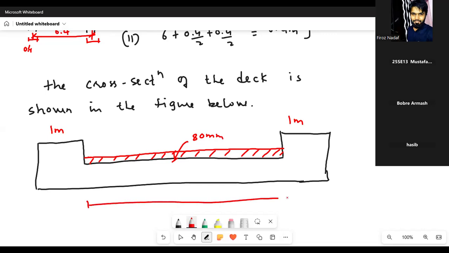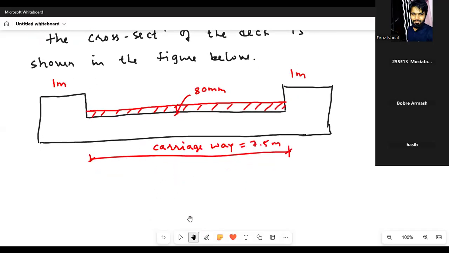And from here to here, this is known as the carriageway. The width of the carriageway is 7.5 meter. And this is the slab, the depth of the slab that you have decided. The overall depth of the slab, capital D, is equal to 500 mm.